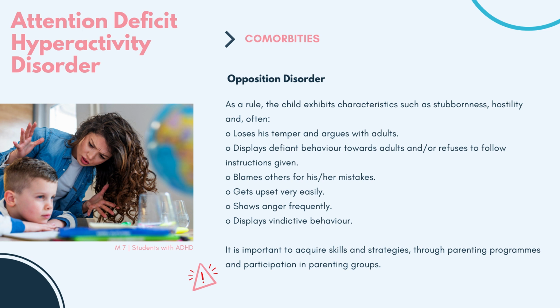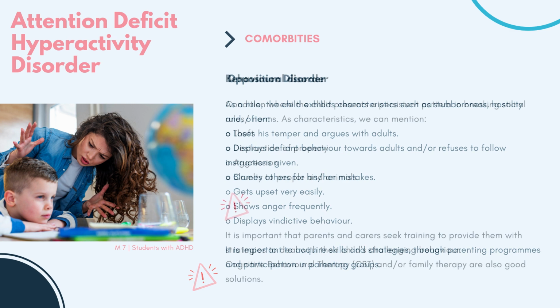He blames others for his mistakes, gets bored very easily, shows anger frequently, displays vindictive behavior. It is important that parents and carers adopt a positive behavioral approach to this situation. It is crucial that they acquire skills and strategies through effective parenting programs and participation in parents' groups in order to better deal with this reality and help their children.